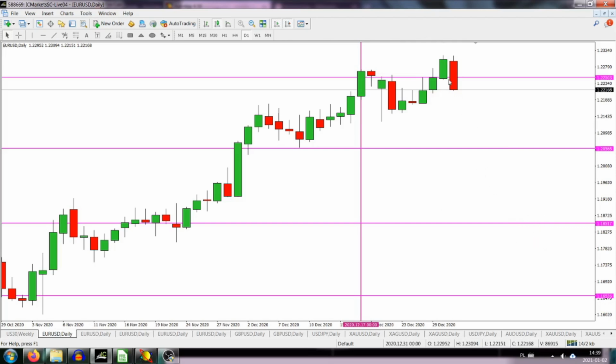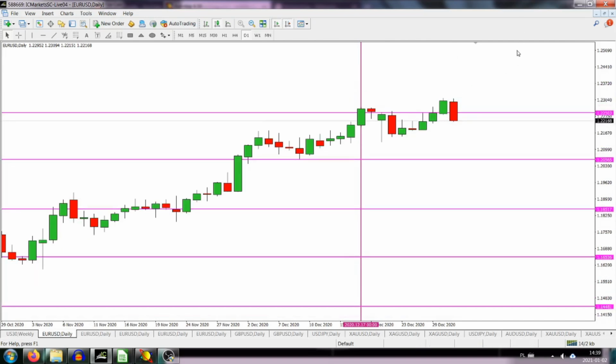If the market makes a movement and continues its rally north, then on 8th of January, I would sell. And why? 8th of January, somewhere here. So it's not far away. This line will be closer anyway because we got Saturday and Sunday on the way.